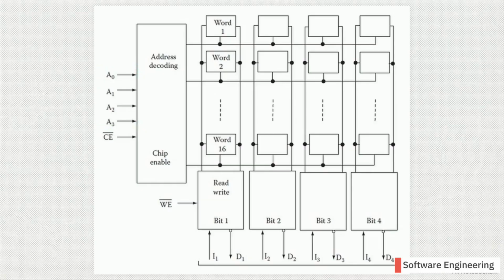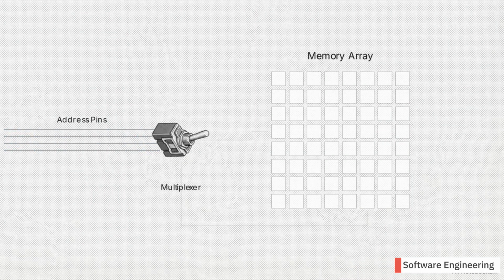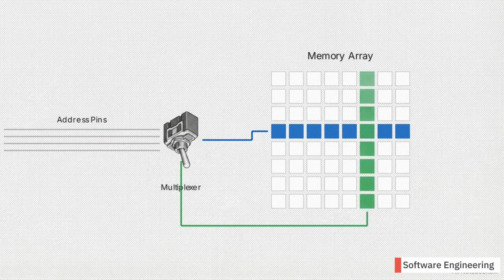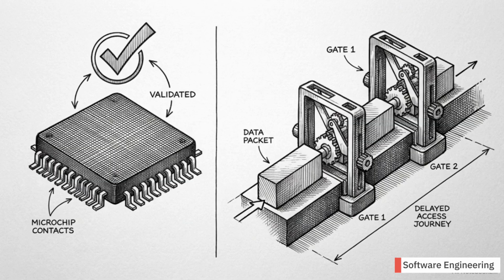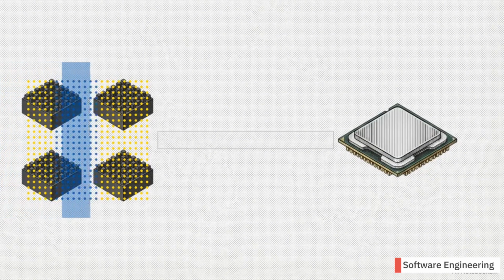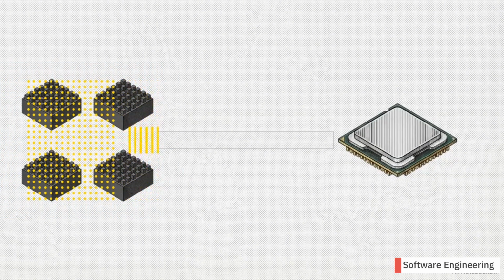This system first sends the row address and locks it in. Then it sends the column address over those exact same lines to pinpoint the specific bit. This method successfully cuts the required physical pins in half, but it inherently slows down memory access time by a factor of 2. DRAM achieves the extreme density required for main memory, but its volatility and multiplexed routing make it far too slow to feed a modern processor directly.